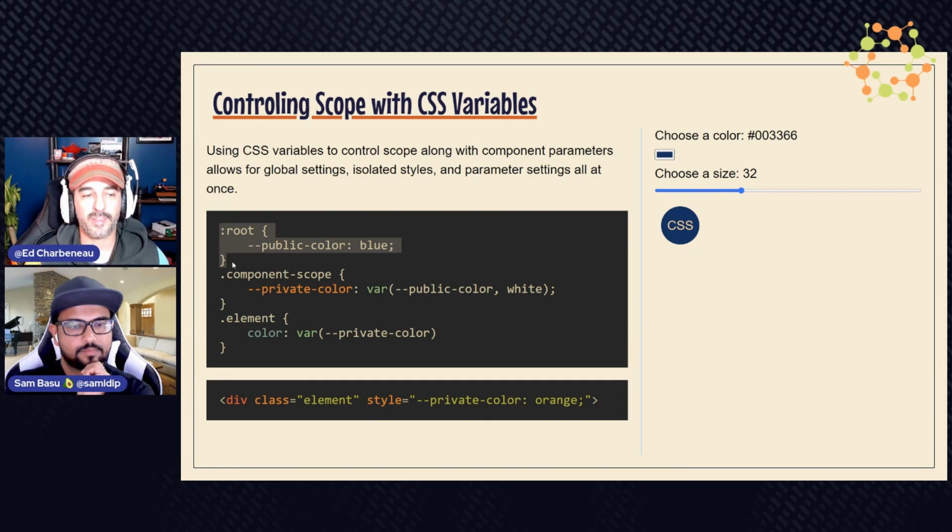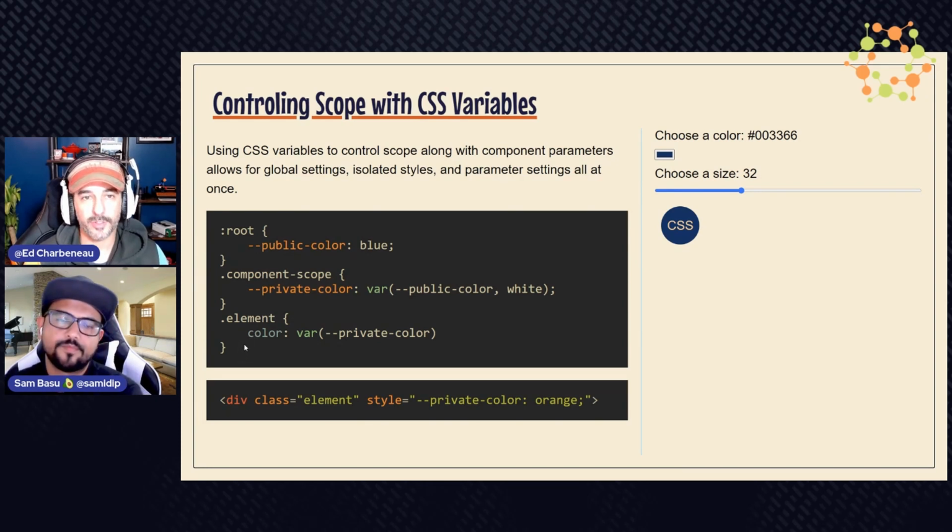If I don't specify this at the root, the component's going to use its own color, white, as its design value. So this is kind of like public and private setters in C# code almost, where I've got this private value and it's set to white. And unless somebody overrides it at the root and calls it blue, it's going to be white. But if for some reason down the road, we change brands and I need to redo this entire application's coloring, I can go ahead and just set this root variable and it will pull that in instead, and then set the private scope to blue.